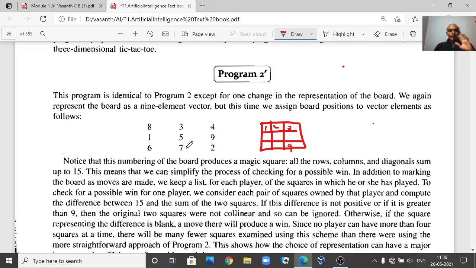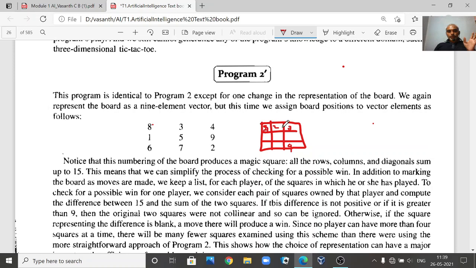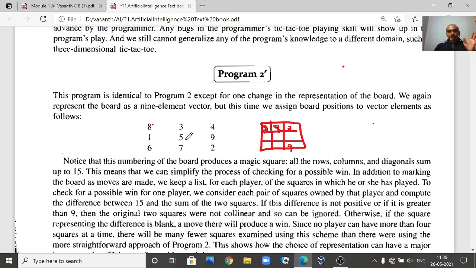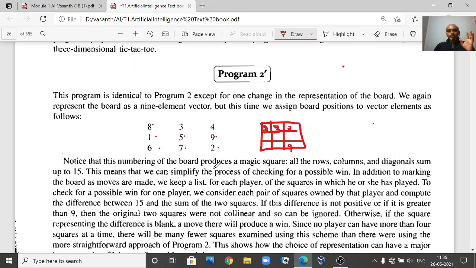Here we are going to change this slightly. This will be the eighth position, and the next one will be the third position. So: 8, 3, 4, then 1, 5, 9 and 6, 7, 2. The numbering of the board positions is being changed here.